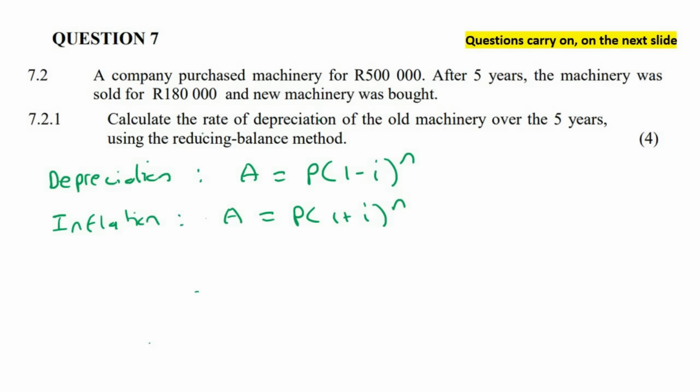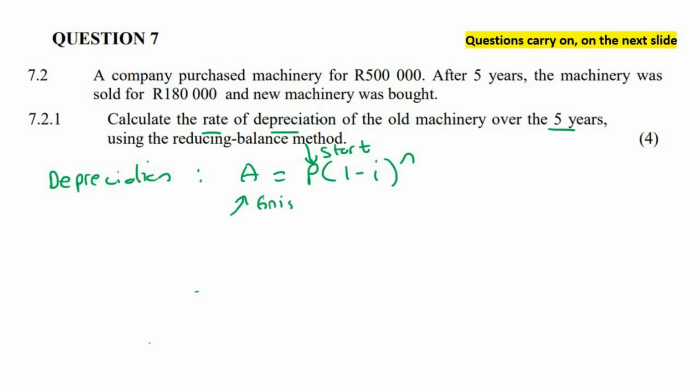So it says here, calculate the rate of depreciation over the 5 years. Okay, so we're going to use this formula. Now some learners are going to switch these two values around by mistake. Remember that this is the start and this is the ending or the finish.